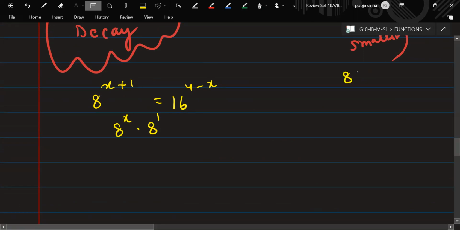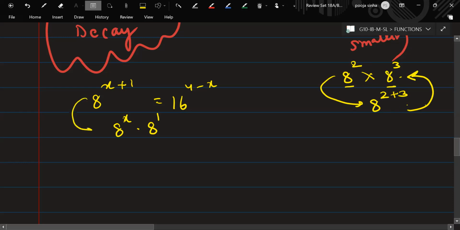It says if 8 squared is multiplied by 8 cubed, they are the same base, so I can do 8 raised to power 2 plus 3. So if I have 8 raised to power 2 plus 3, I can always go back to this position. We are going back, separating the powers.